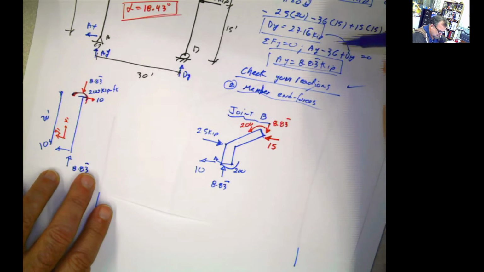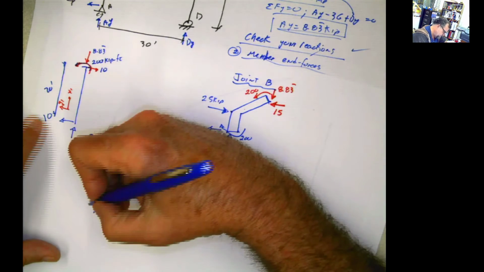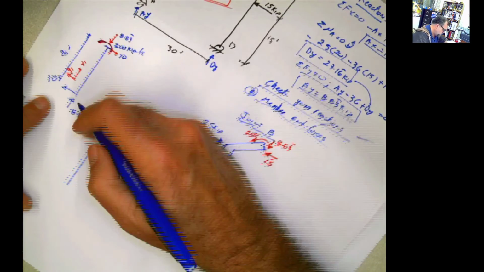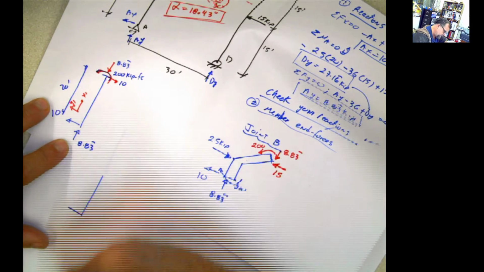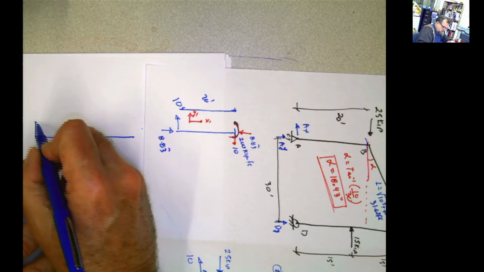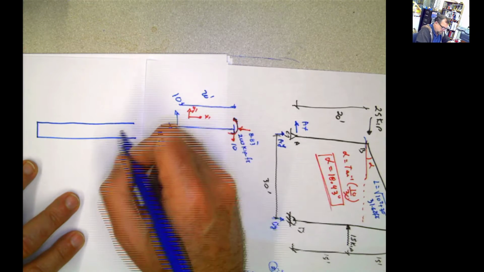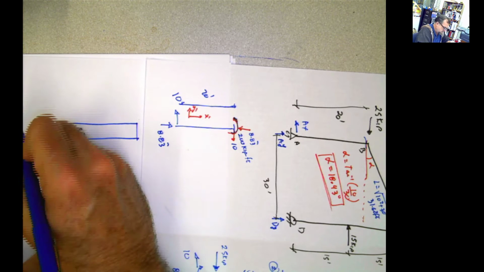This value for axial is 10. In this case, axial is this one, right? So it's going to be 8.83, and this 8.83 is going to be constant. There's no other axial force over there. And then at the end I find this 8.83 that makes it close. You see this whole bar is subject to compression, so this is going to be compression.